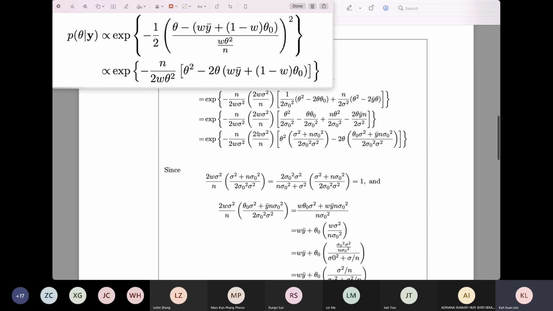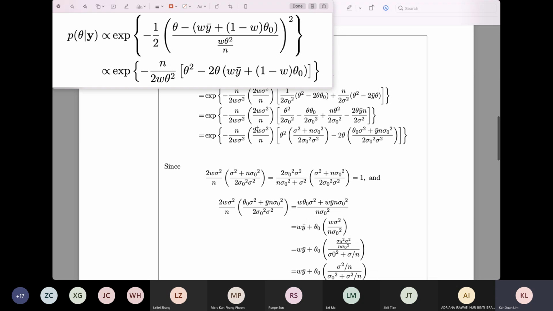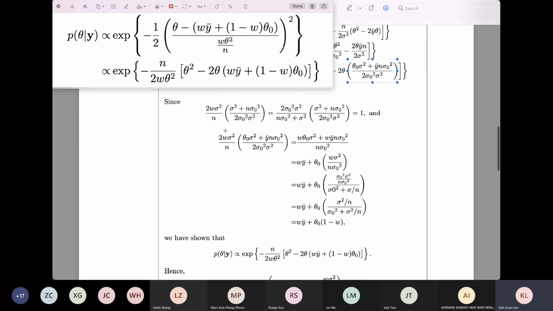For the multiplication of this term and this term, it is also similar. We just need to rearrange the terms, and then we'll need to expand one of the W to get what we want, which is this term here.